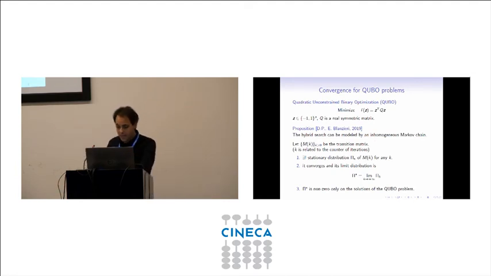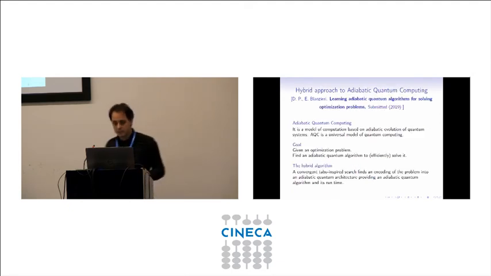And so we have a limit distribution that is non-zero only on the solutions of the considered optimization problem. So in this sense, the hybrid search converges asymptotically to the solution of the problem.